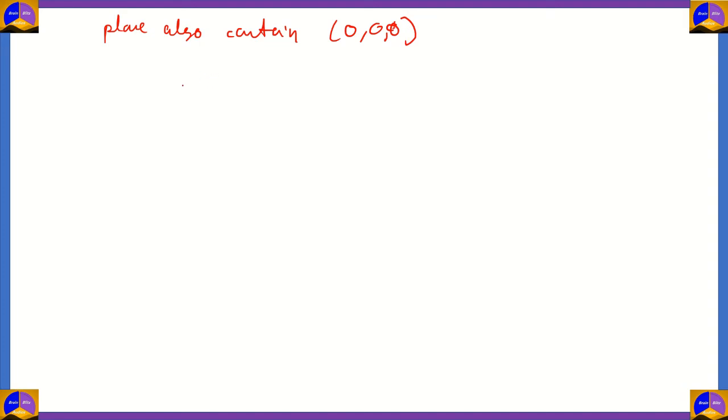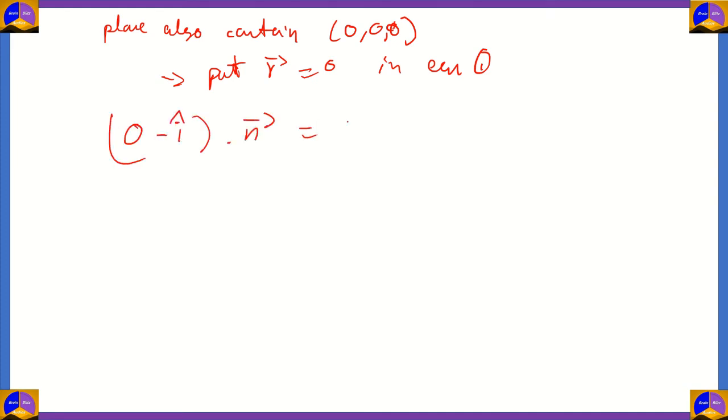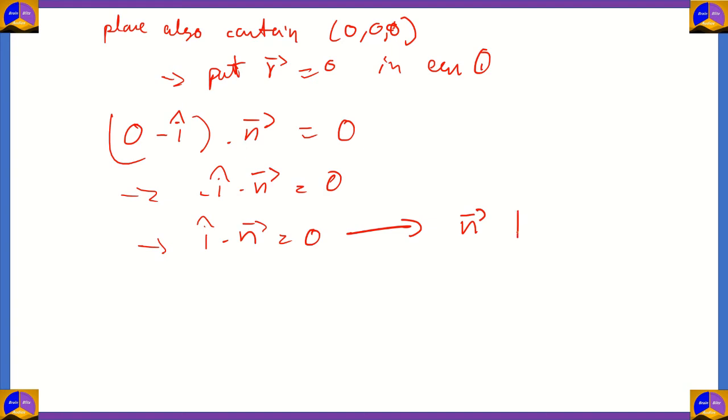So we will put r bar equals 0 in equation 1. That means 0 minus i cap dot n bar is equal to 0. So i cap dot n bar is equal to 0. This means that the vector n is perpendicular to i cap.